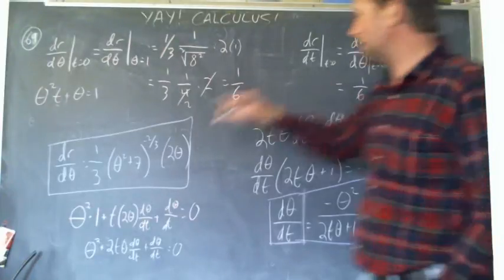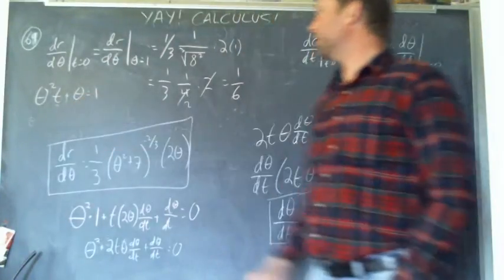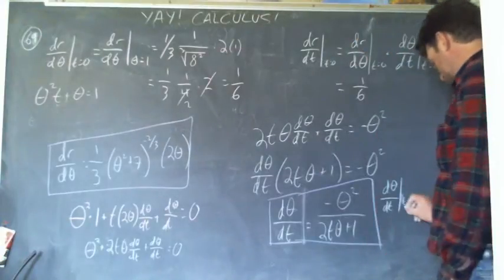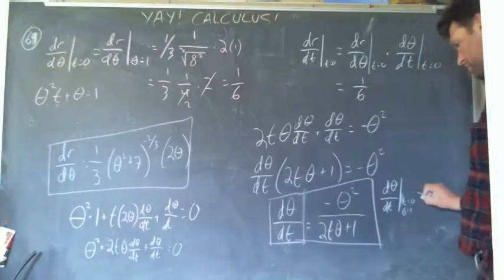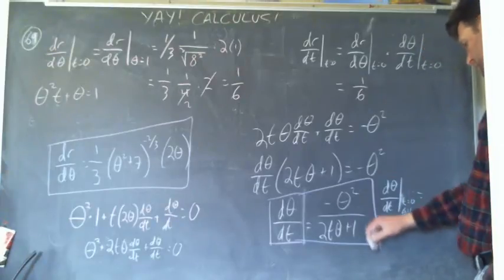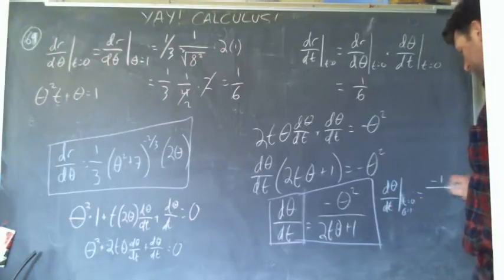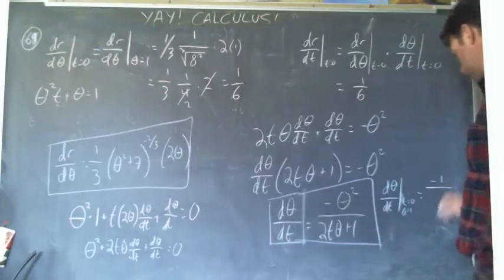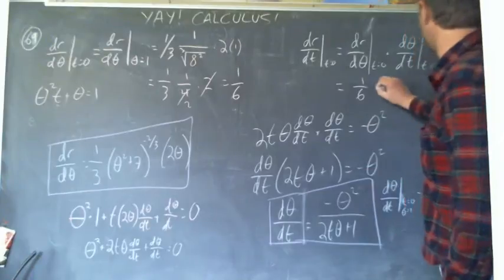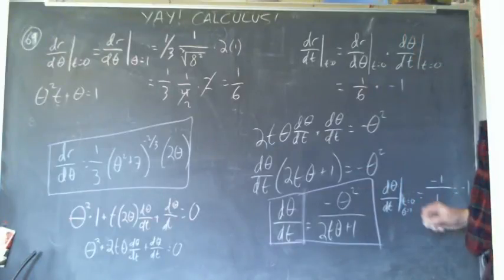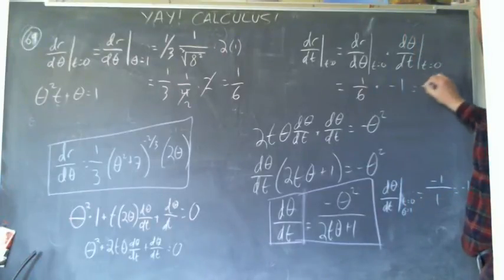We found out when t equals 0 that theta equals 1. So d theta/dt is going to be negative 1 up top. t equals 0 will be 0 over 1. That just equals negative 1. So 1/6 times negative 1 equals negative 1/6.